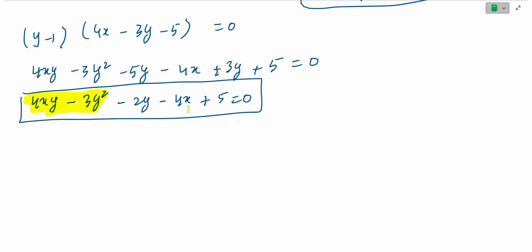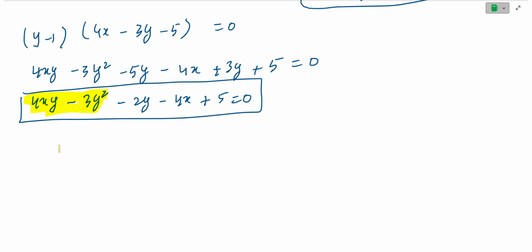For the remaining terms, the degree here is 1, the degree for 4x is 1, and the degree for the constant term is 0. So I have highlighted the terms which have second degree.